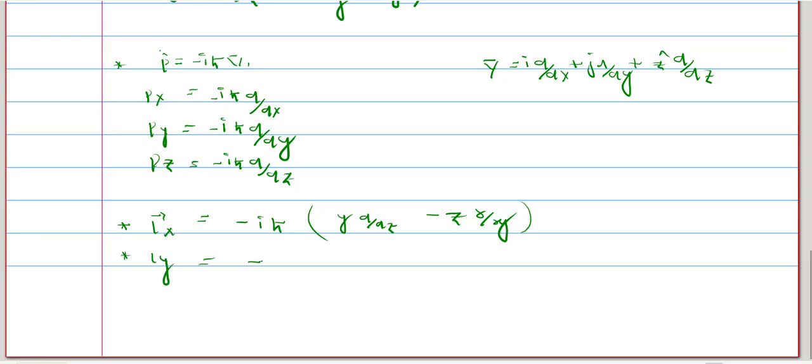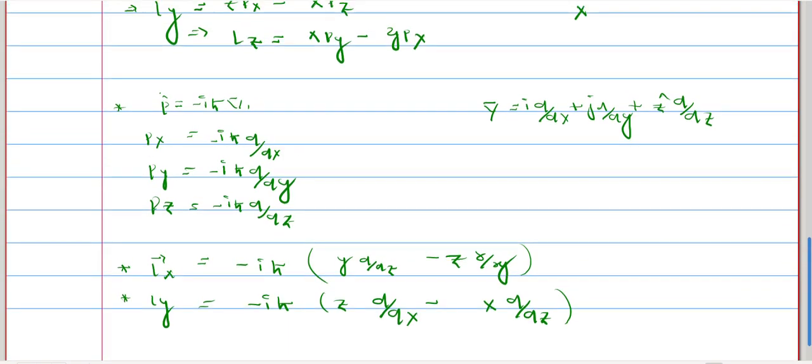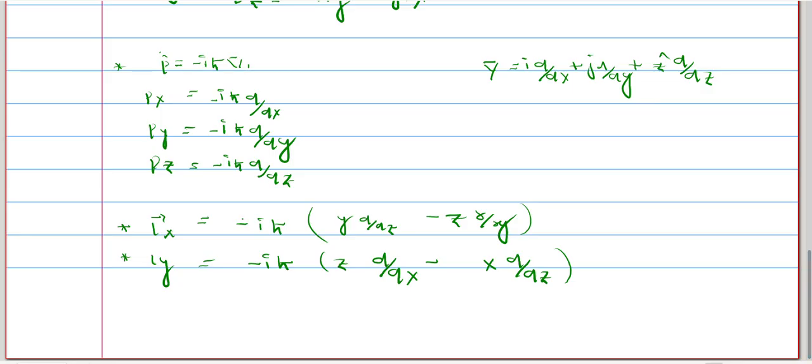Ly equals minus i h-cut (z d by dx minus x d by dz). Simple, put these formulas in place of px, py and pz. Lz equals minus i h-cut (x d by dy minus y d by dx).